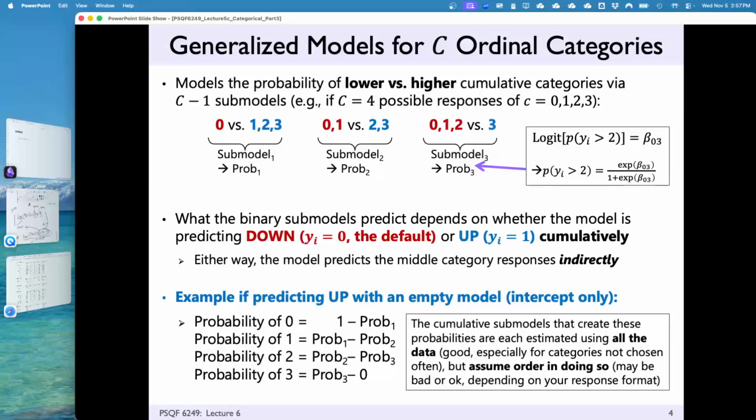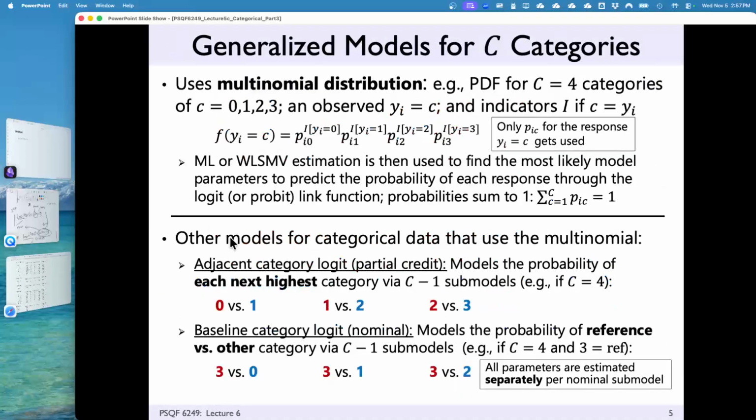In lavaan, you'll have a lot more intercepts or thresholds, but in binary data, you'll just have 1 threshold. And it's nice, you don't have to tell lavaan how many categories you have in your data. It will do it for you. But the categories must be ordered. It will do an integer ordering: 0 is less than 1, 1 is less than 2. Questions on any of that so far?